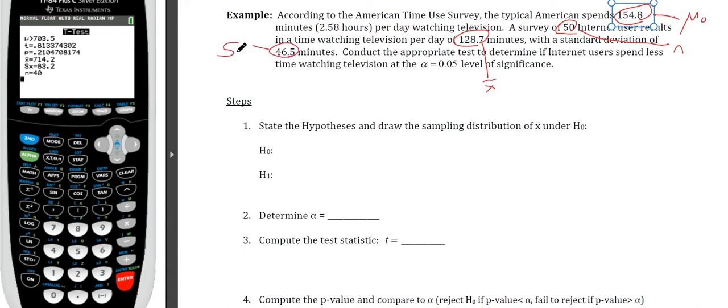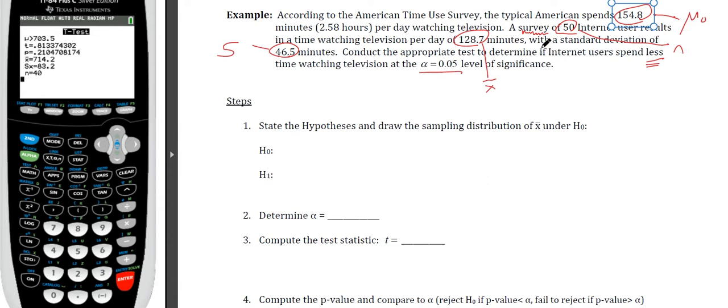Conduct the appropriate tests to determine if internet users spend less time watching television at the alpha 0.05 level of significance. Yet again, we should address our conditions for normality. First, randomness. Doesn't say random, but again, it says survey. Survey usually has the implication of random, but we should still state something along the lines of, as long as that survey was conducted randomly.